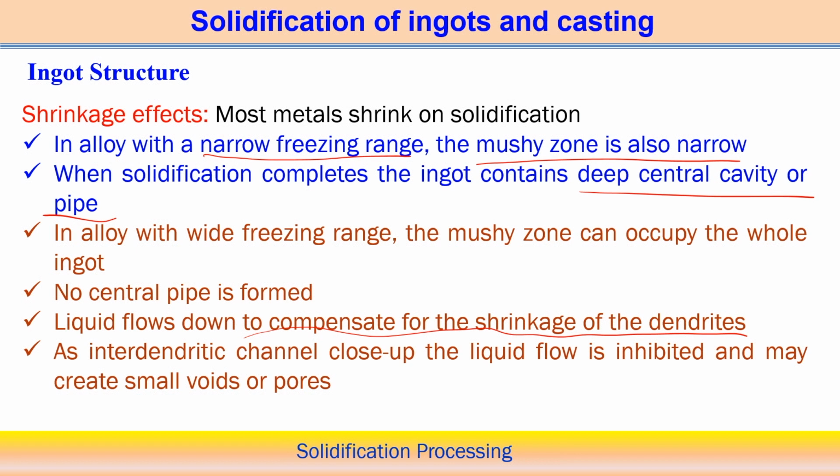So in that case the interdendritic channel is there for the liquid flow. But when the dendrites grow too much, the interdendritic spaces may be obstructed by the formation of dendrites, and there is difficulty in filling, in compensating by flow of liquid from the other side.